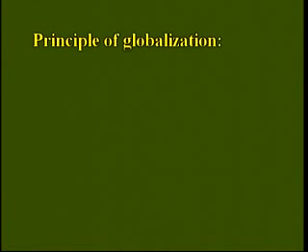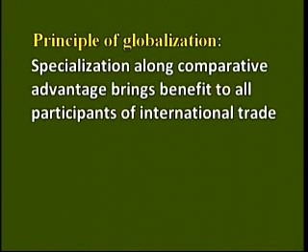Globalization is considered to bring benefit to all parties based on the following prominent principle. The prominent principle is that if countries are engaged in voluntary exchange or international trade based on specialization along comparative advantage, then globalization would bring benefit to all participants of international trade.